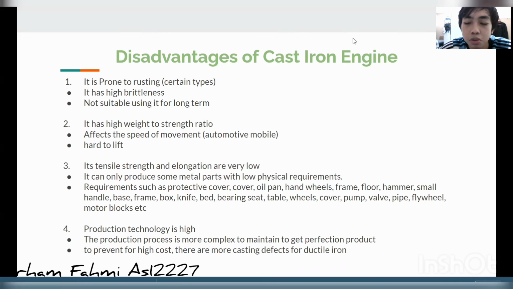Normally, using sophisticated technology, as I mentioned before, requires high cost. So mostly products are produced using low quality machines, so eventually more casting defects for that type of iron will be produced.